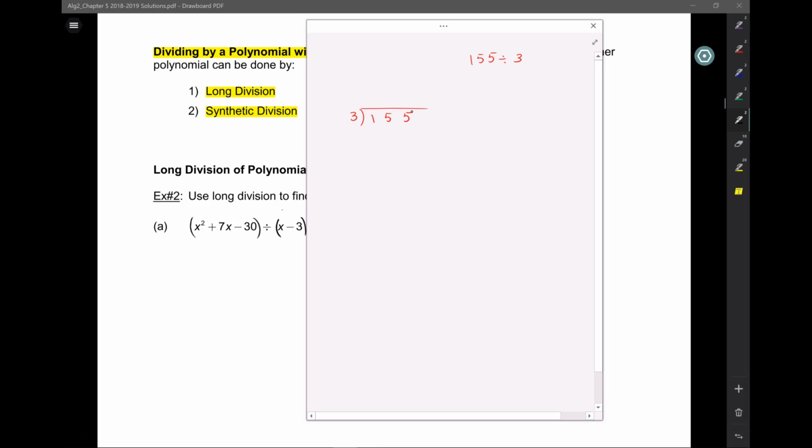You divide 15 by 4 and you get 3. So you put 3 here.